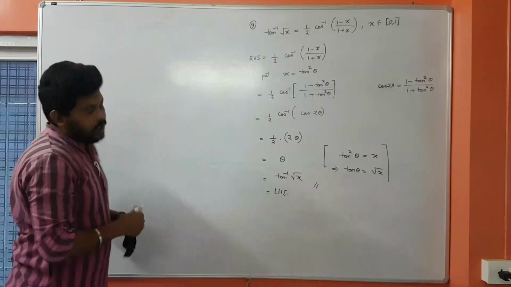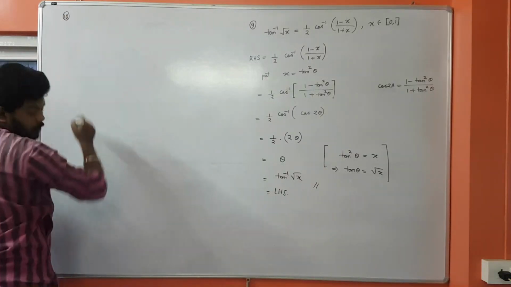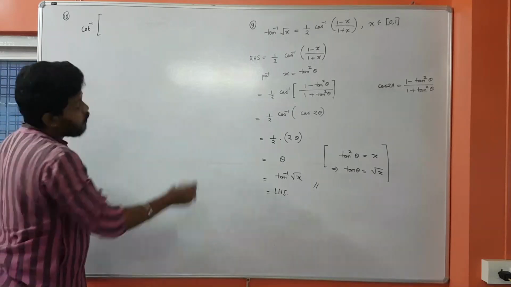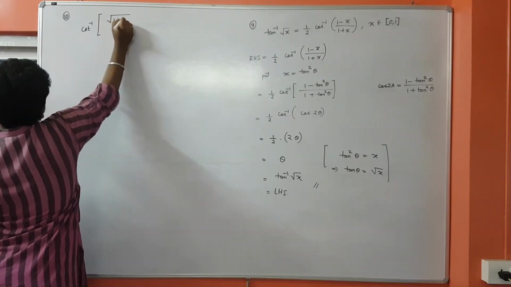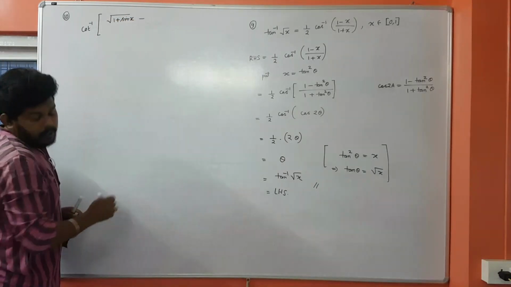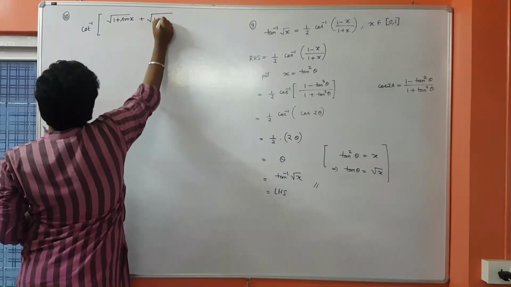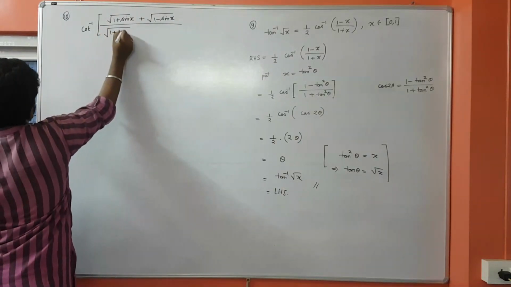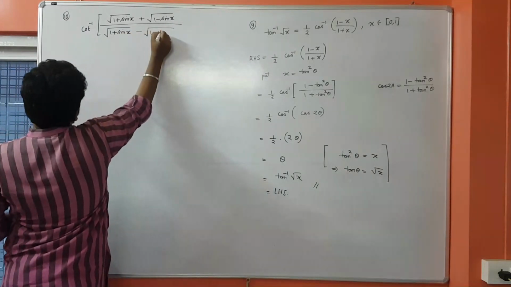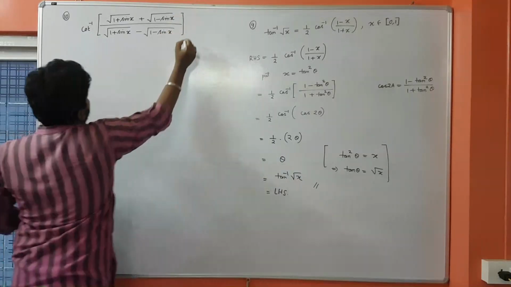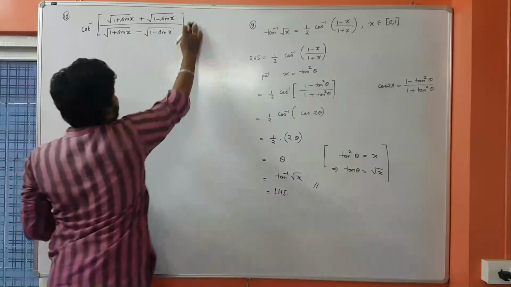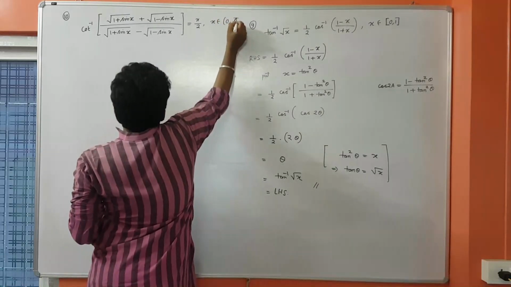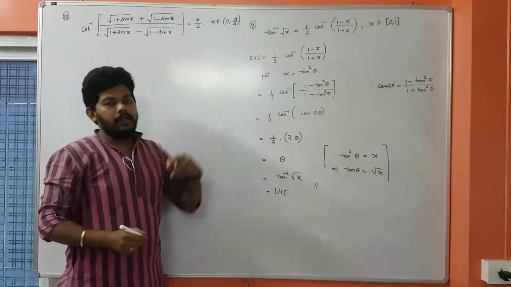Number 10, you have to prove that cot inverse of (square root of 1 plus sin x plus square root of 1 minus sin x) divided by (square root of 1 plus sin x minus square root of 1 minus sin x) is equal to x by 2, where x belongs to (0, pi by 4).